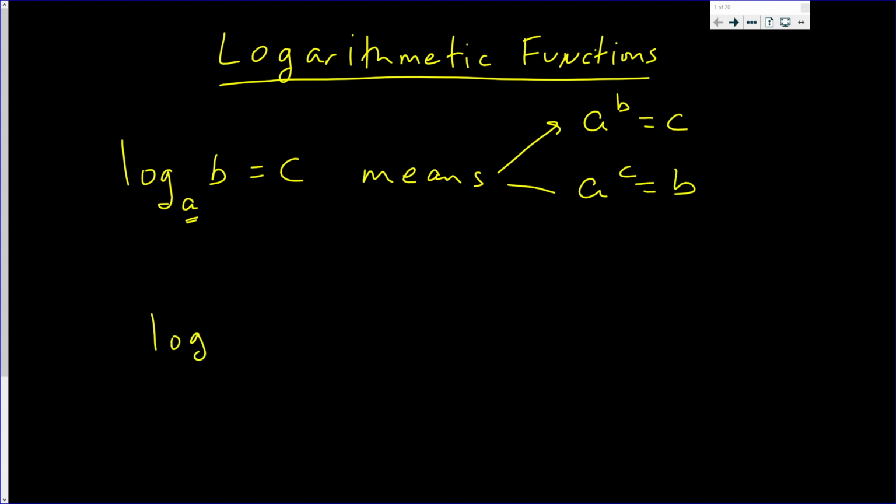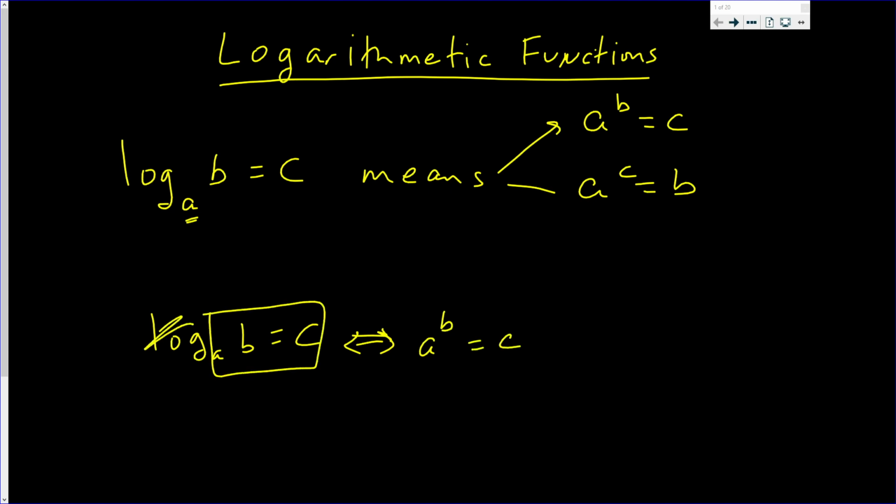Now, we're going to show that one of them makes no sense. If this is the same as A to the B equals C, well, you know what? That means you could ignore the log. Well, if you could ignore the log, why are we studying logs?